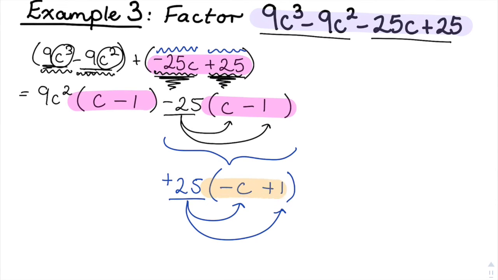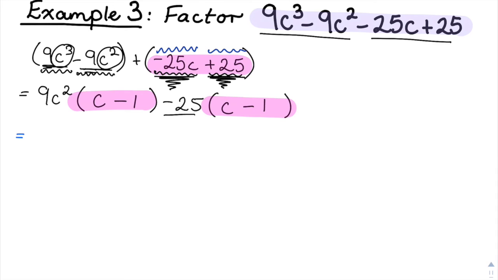You'll see then that negative c plus 1 doesn't match c minus 1. So that means factoring by grouping wouldn't actually work properly. That's why it's really important, if this happens to you, to think, okay, maybe I'll take out a negative common factor instead. That can often help the situation.